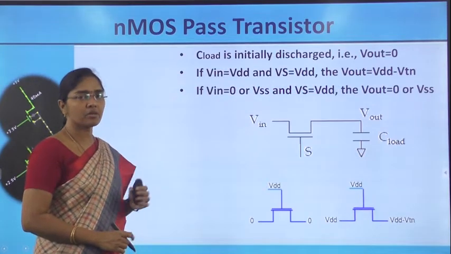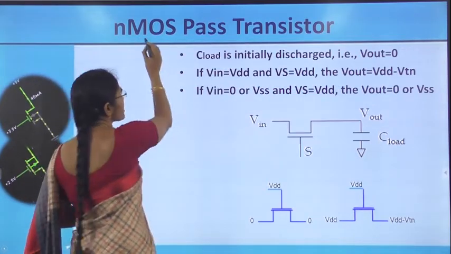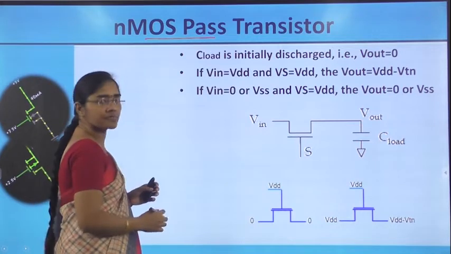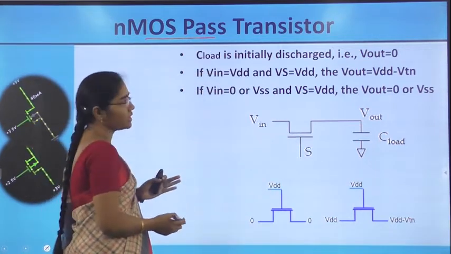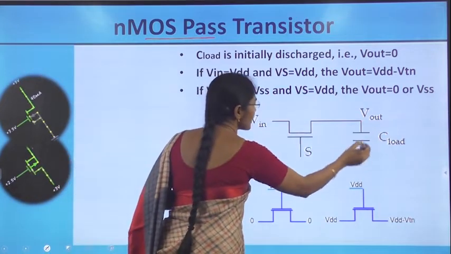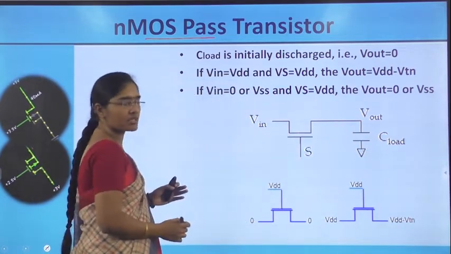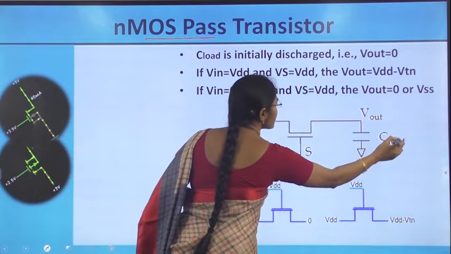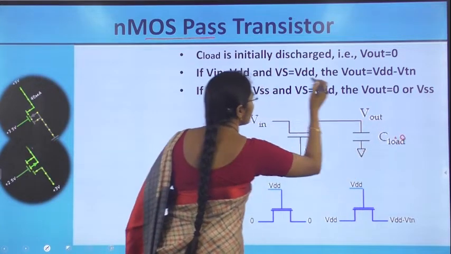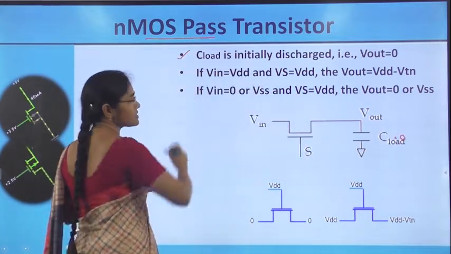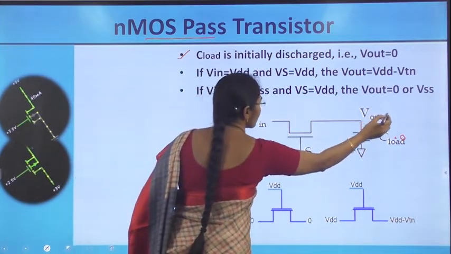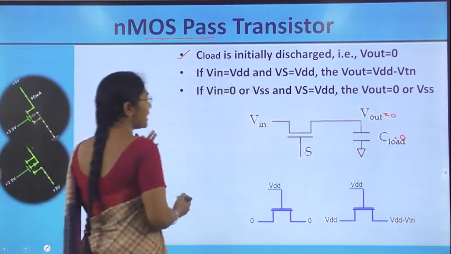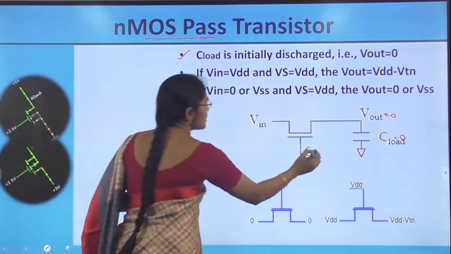Let us see about the NMOS pass transistor. First, the NMOS pass transistor. Here we are taking an NMOS transistor symbol and its output is connected with a load capacitance, and let us take the load capacitance as initially discharged, therefore Vout is equal to 0, and Vs is equal to VDD.